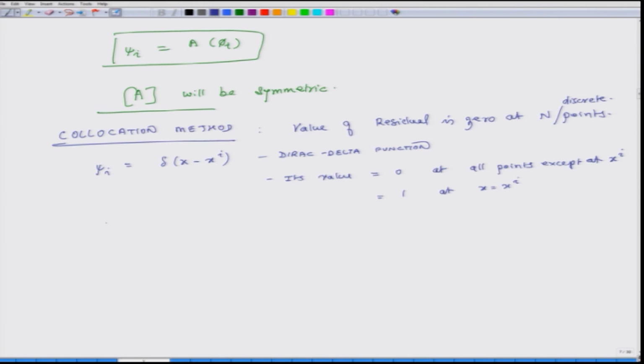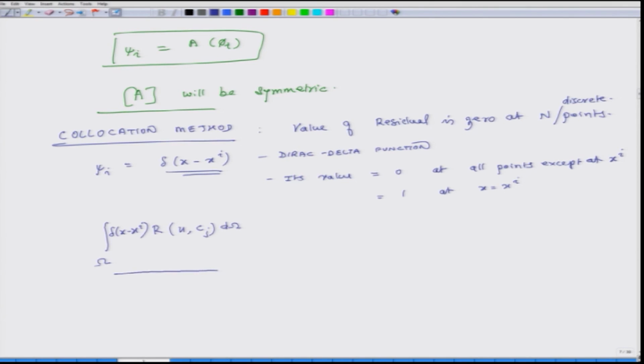So, in this case my equation is the integral over omega of psi I, this was my weighted residual statement, and suppose it was only one dimensional, so d omega, right, and here I replace psi I by the Dirac delta function. Okay.